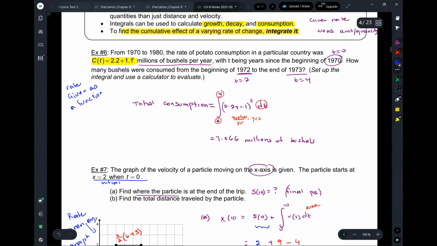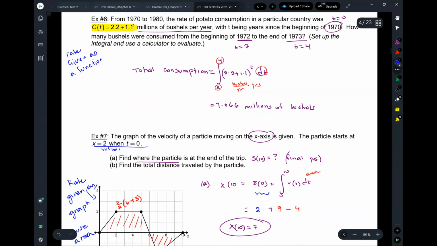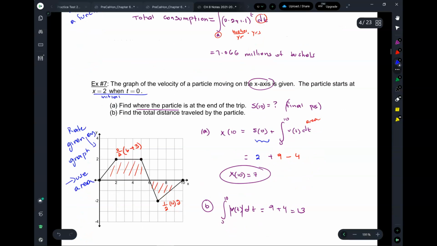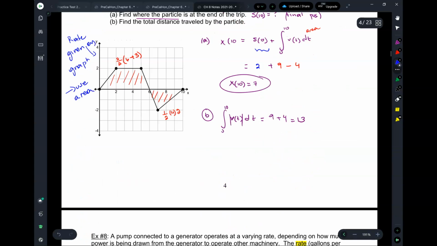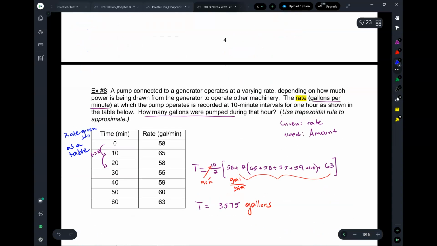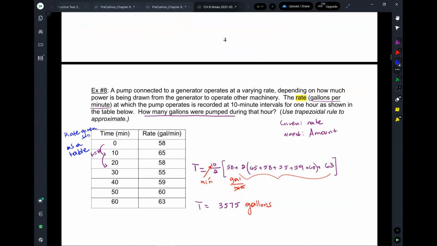And you did a straight integral with antiderivatives to find the amount. Okay? So I want you to recognize that in all three situations, you were given rate, you needed to find amount, which means you had to integrate. But the form that we integrated was different. One was by anti-differentiation, one was by area, one was by trapezoidal rule. Okay?